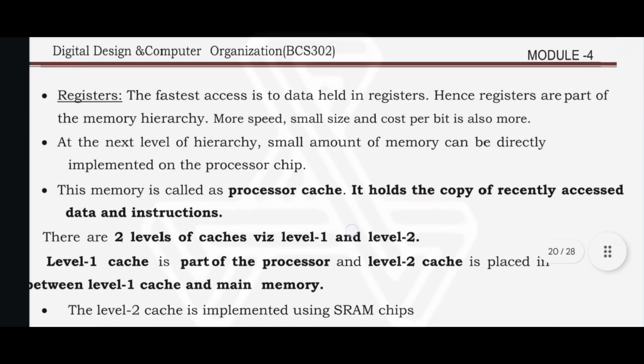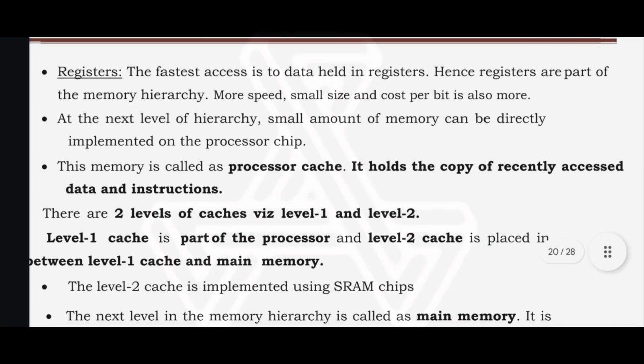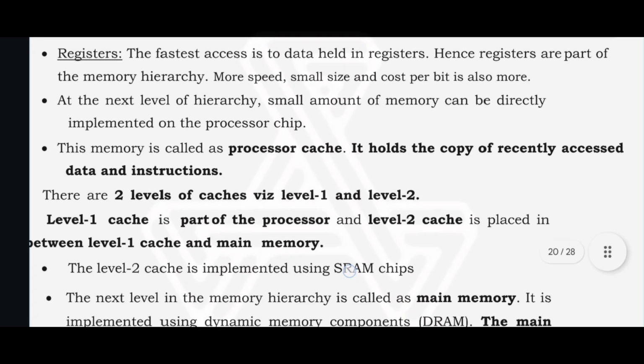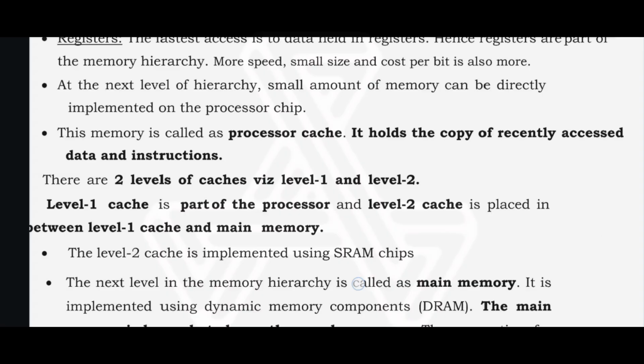Registers. The fastest access is to data held in registers, hence registers are part of the memory hierarchy. They have more speed, small size, and cost per bit is also more. At the next level of the hierarchy, a small amount of memory can be directly implemented on the processor chip. This memory is called processor cache.